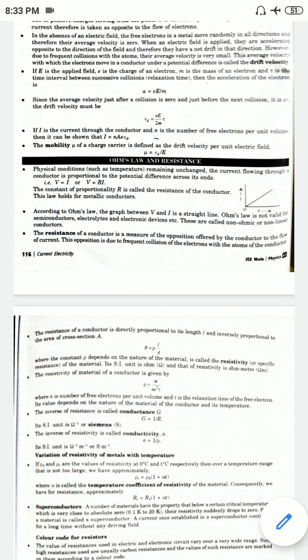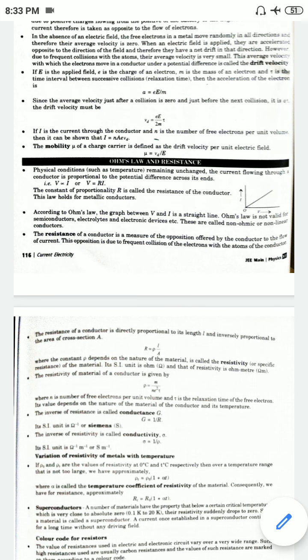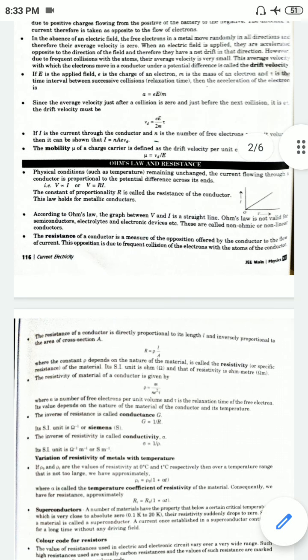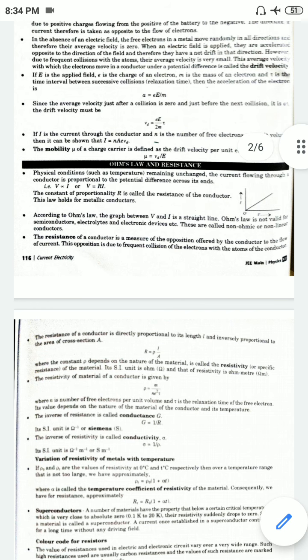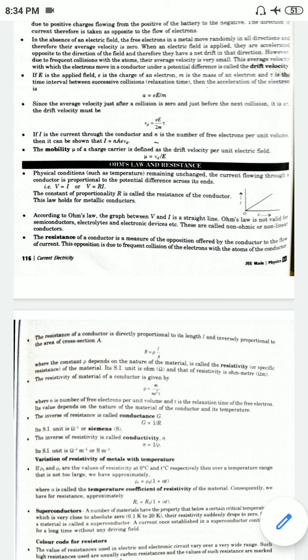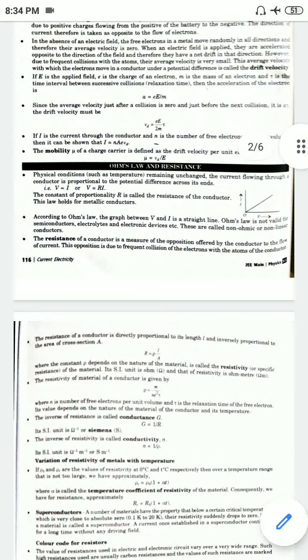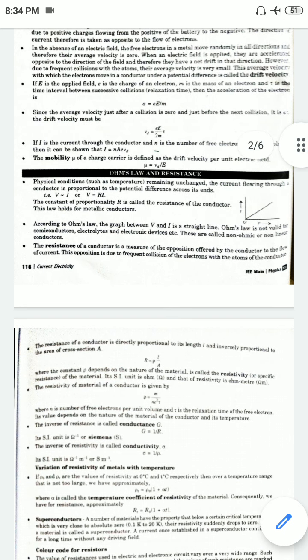Therefore, R is directly proportional to L by A, and R = ρL/A, where the constant ρ is a constant of proportionality that depends on the nature of the material, known as resistivity or specific resistance. ρ is the resistivity or specific resistance of the material, and the SI unit for resistance is ohm, and the SI unit for resistivity is ohm meter.